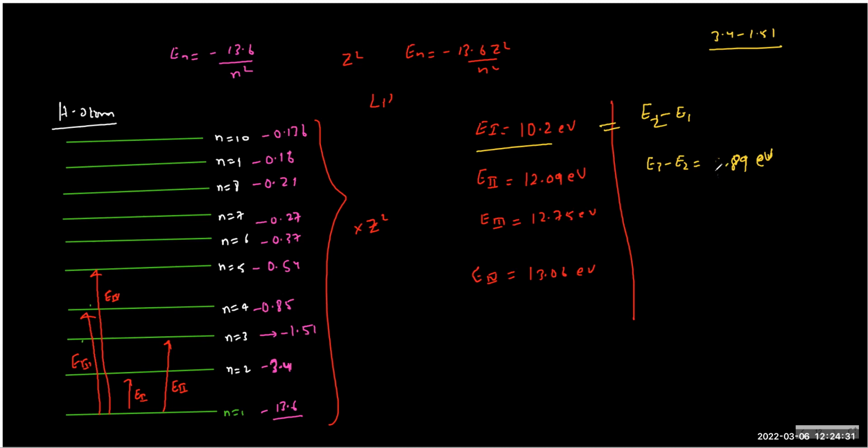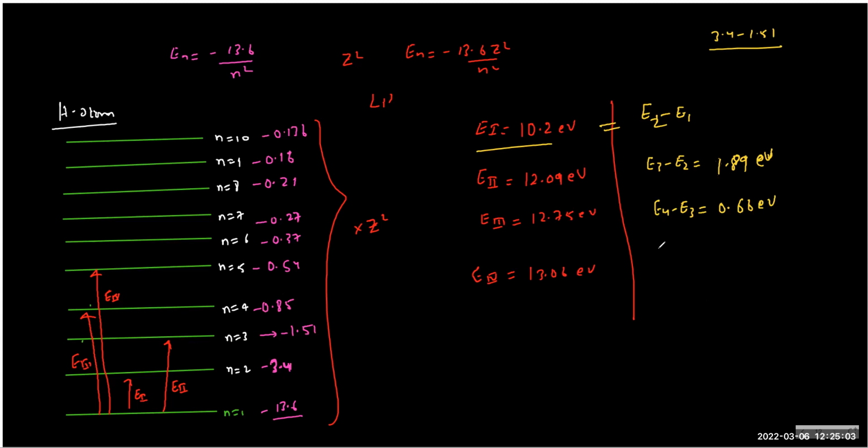What is E4 minus E3? So 1.51 minus 0.85, yes? 0.66 is the right answer.